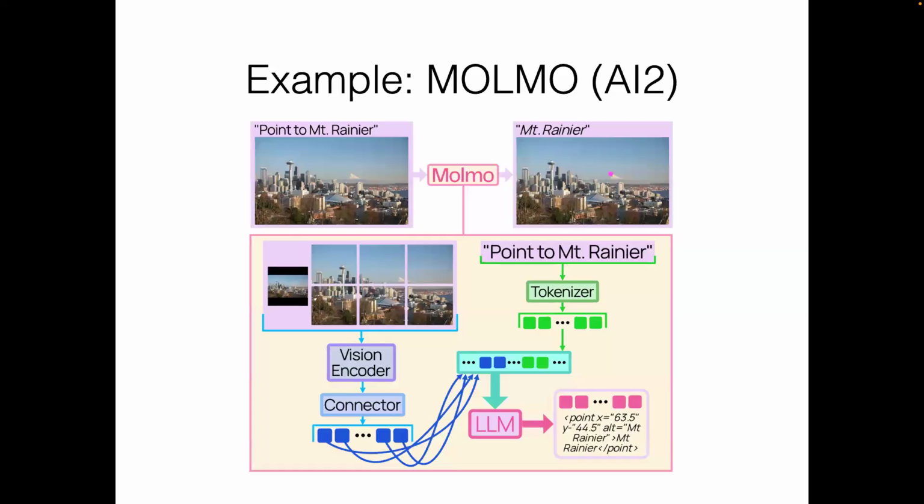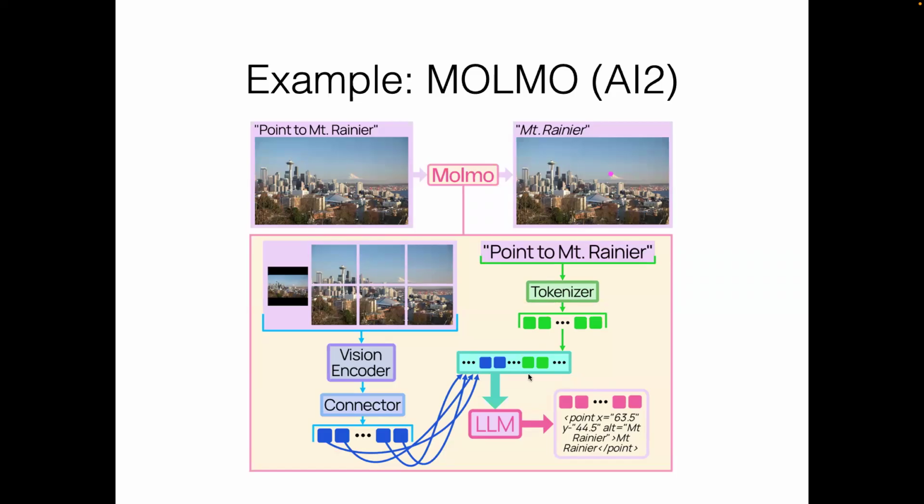As an example of this, a recent example is this model developed by AI2 called MOLMO. I think this was really recent, it had just come out last semester when I was giving this lecture. You could see that they're really using this recipe that I just told you about. Here they have this vision encoder, and then they get its outputs and they call the transformation to the embedding dimension of the LLM the connector.